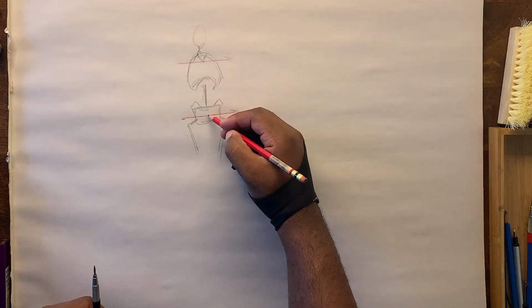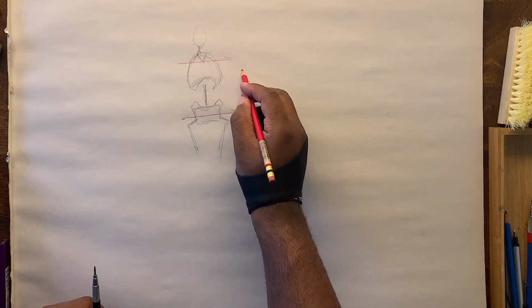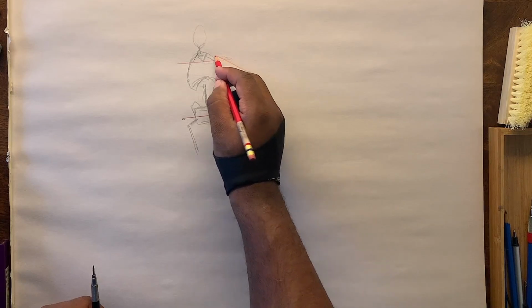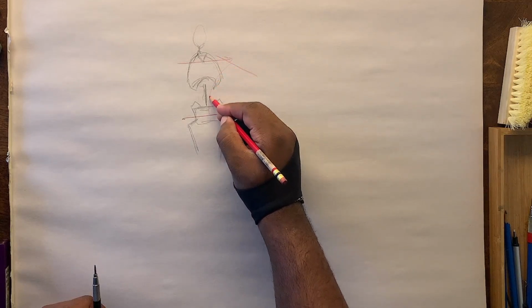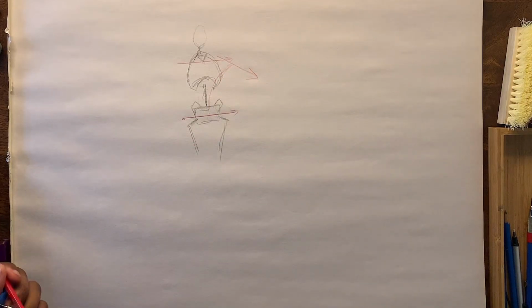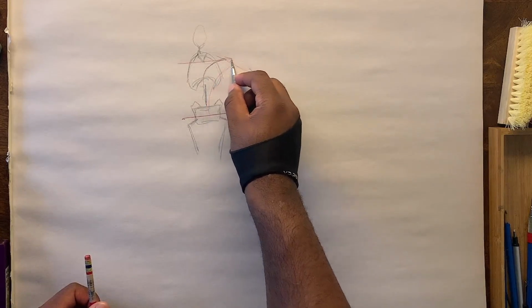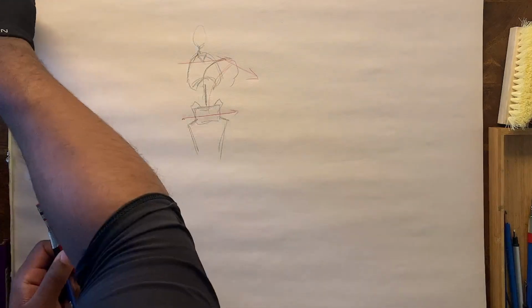So for instance, let's say this person leaned this way, then this will happen. And now I should draw it in red as well.